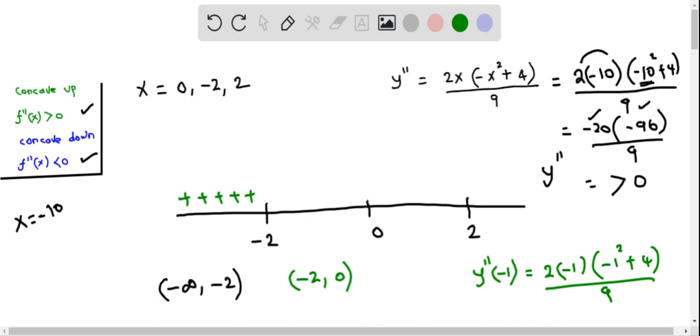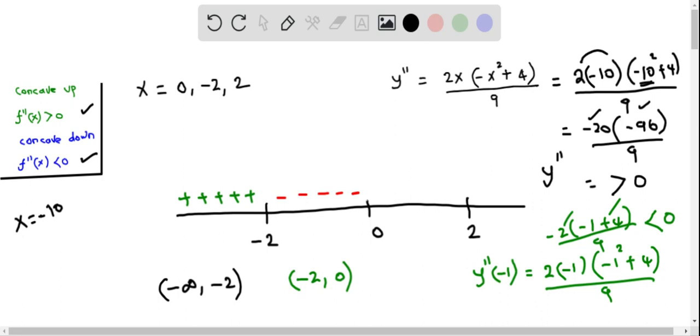So here we have negative 2 times, negative of 1 squared is negative 1, plus 4. This is over 9. So this is positive and multiplied with a negative number is negative. So this is basically negative here. So I can mark negative in this interval.